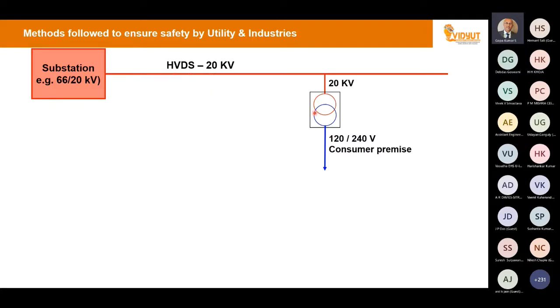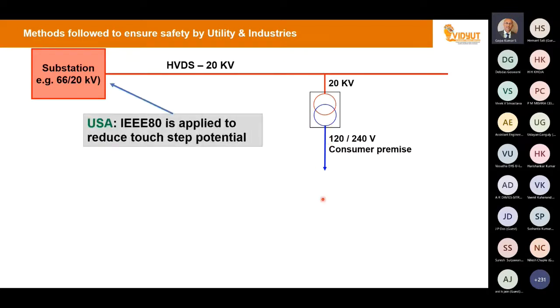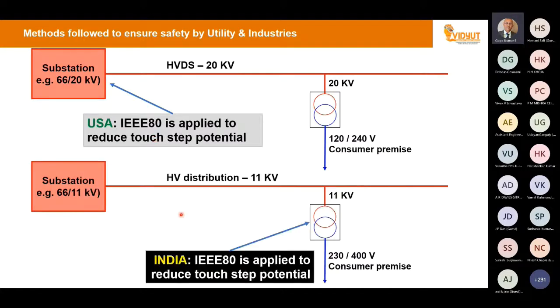Every consumer premise will have a small transformer, 20 kV primary and 120 or 240 volt at the consumer premise. In America, IEEE 80 is used for making the grid to reduce touch and step potential at this place. Whereas in India, we use the same touch and step voltage reduction measures at this place, 11 kV input and 230 volt.